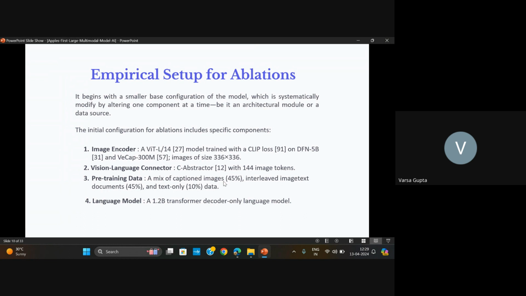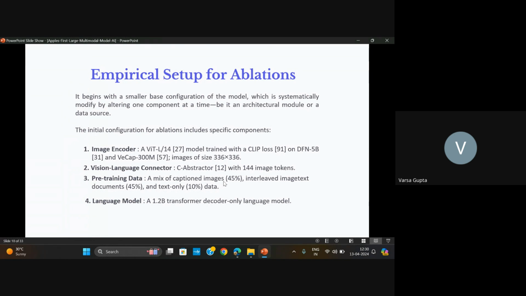The second component is the visual language connector. In the visual language connector, a C-Abstractor with 144 image tokens was used.